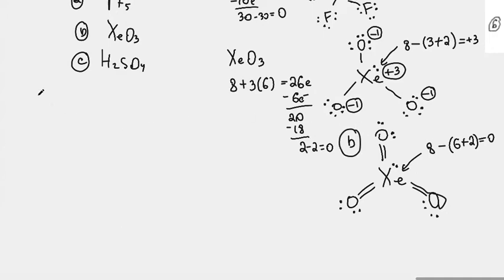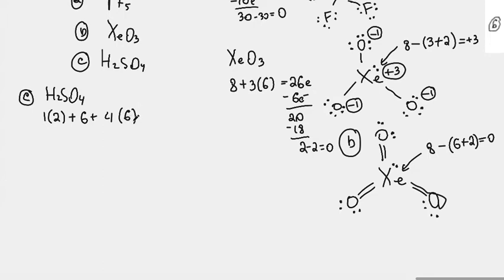Let's go ahead and do our example C, H2SO4. H has 1 valence electron because it's in group 1, times 2, plus sulfur has 6, plus there are 4 oxygens, and they have 6 also.